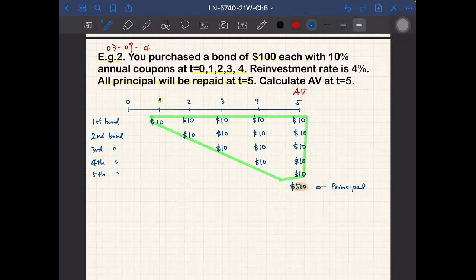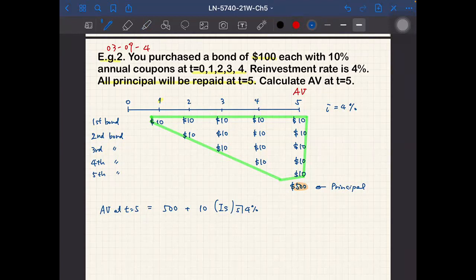And the reinvestment rate is 4%, so i equals 4%. That means the accumulated value at time 5 is equal to 500 plus 10 times the increasing annuity accumulated value, (IS) right angle 5 at 4%.